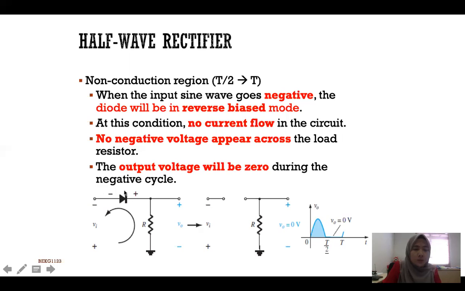So from this circuit, for reverse bias, the diode becomes an open circuit, so no current flows. When there is no current flow, you can see that V naught is equal to 0. So that's why the output from time T over 2 until T, V naught is 0.